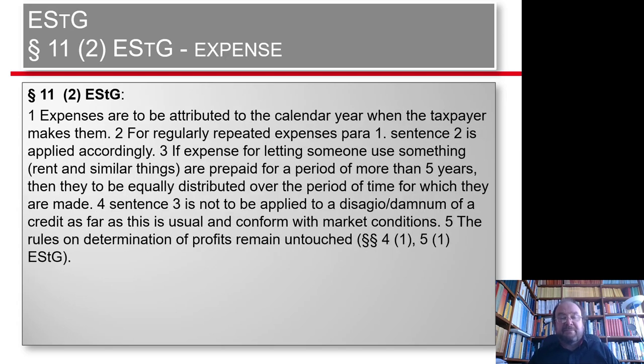11.2, treatment of expenses, the same game with a different sign. So that mirrors the principles which are applicable for receiving revenue. Basic rule, first sentence, expenses are to be attributed to the calendar year when the taxpayer makes them.